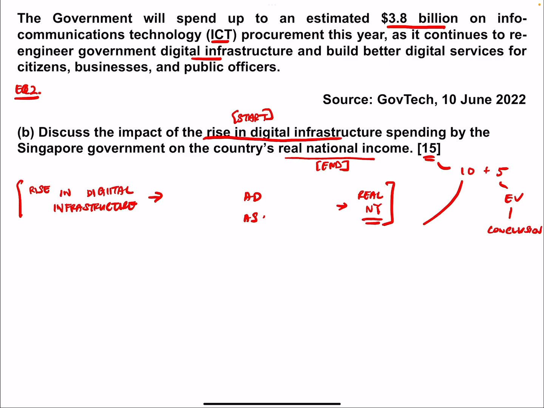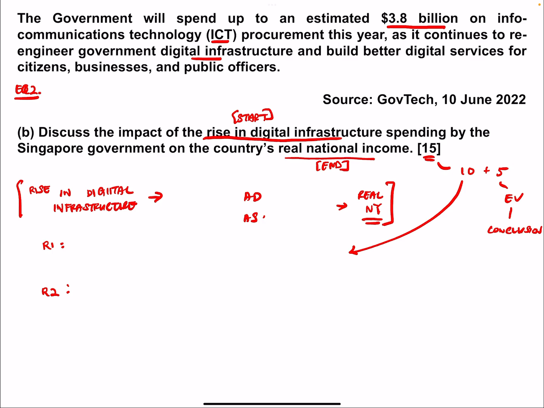So in the 10 marks, there's an R1 and R2, right? So let's try and figure out the R1 and R2. Discuss the impact of the rise in digital infrastructure on the country's real national income.